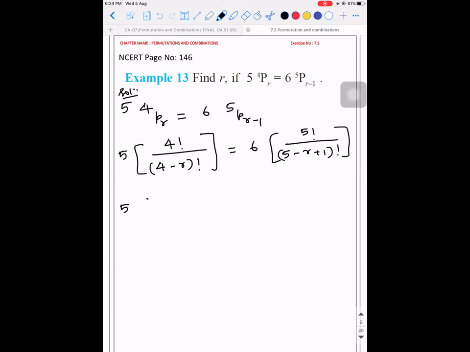So 5 into 4 factorial divided by (4 minus r) factorial is equal to 6 into 5 factorial. How should I write it? 5 into 4 factorial.